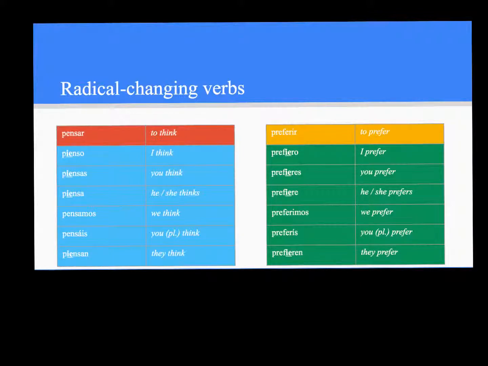These verbs are sometimes known then as 1, 2, 3, 6 verbs, because the first, second, third, and third plural, sixth person, if you like, changes the vowel in the stem, whereas the first person and second person plural retains the same vowel that we had in the infinitive.